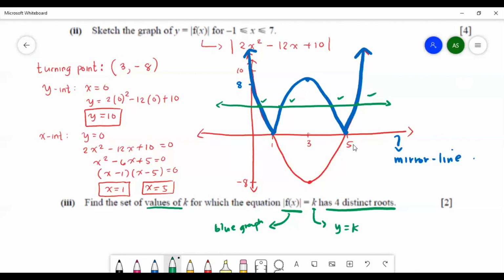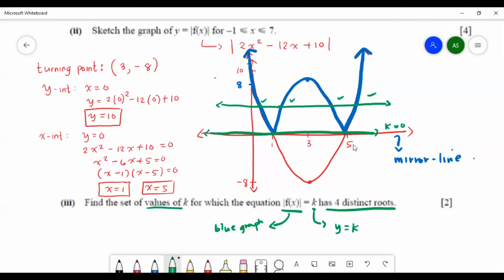So the question that you need to ask yourself is when will it not be equal to 4? So that means it will be here, right? The value of k here is 0, isn't it? Because this is the function y equals 0. So therefore, it cannot be 0, but it can be more than 0.